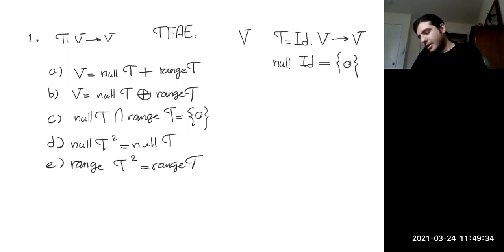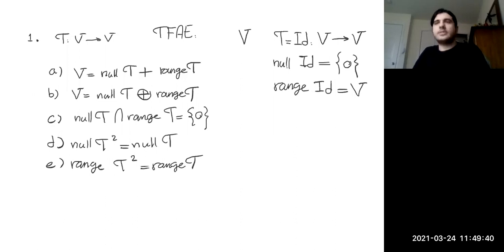And the range of the identity map is, of course, all of V. It's easy to see all of these properties hold here, right? But now let's take a little bit more non-trivial example. That's correct, that's a first example.